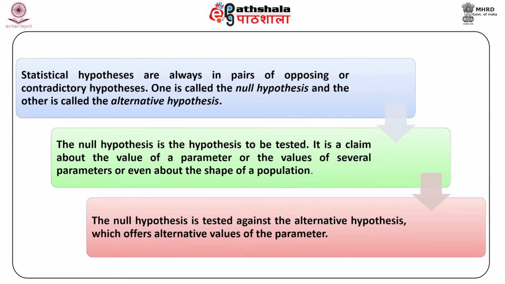It is the hypothesis of no change, no improvement, or no difference. It is a claim about the value of a parameter or the values of several parameters, or even about the shape of a population. The null hypothesis is tested against the alternative hypothesis, which offers alternative values of the parameter.